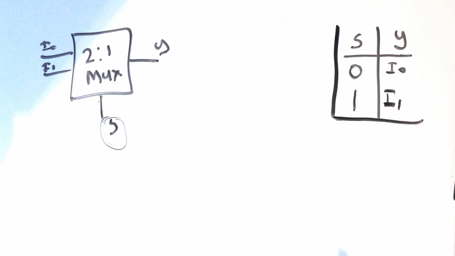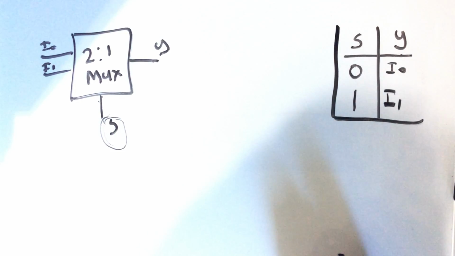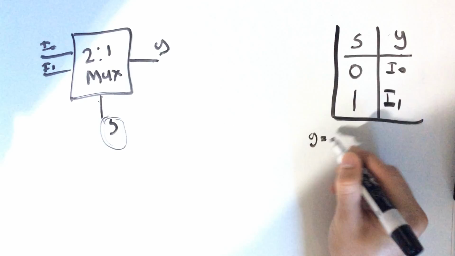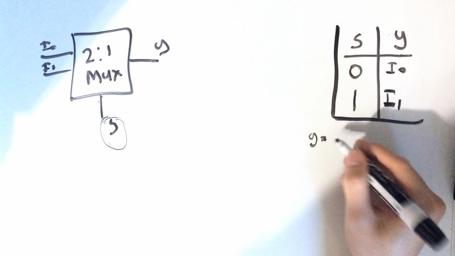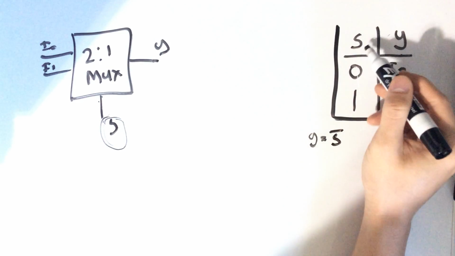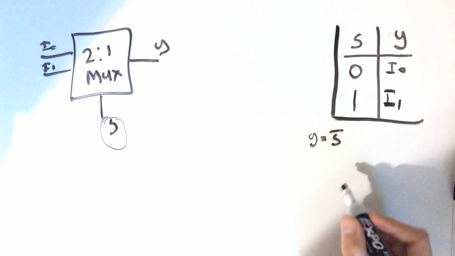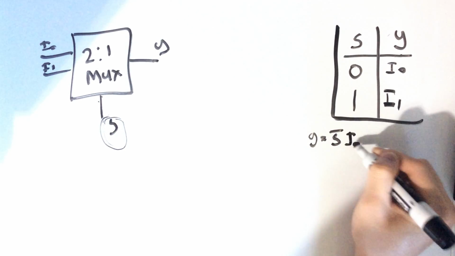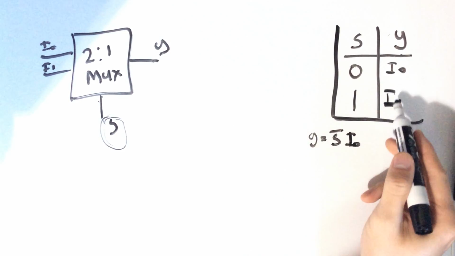Now, why don't we go ahead and draw little functions for these. We can have Y, our output, equal to not S and I0, because this is set to 0. Now let's take a look at our other one.